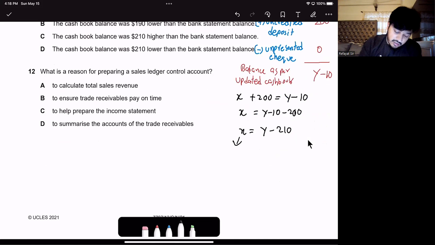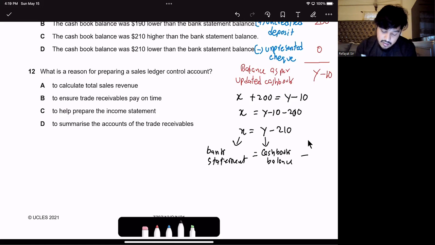X is the bank statement balance, Y is the cash book balance. Only if we subtract $210 from the cash book do we get our bank statement balance.